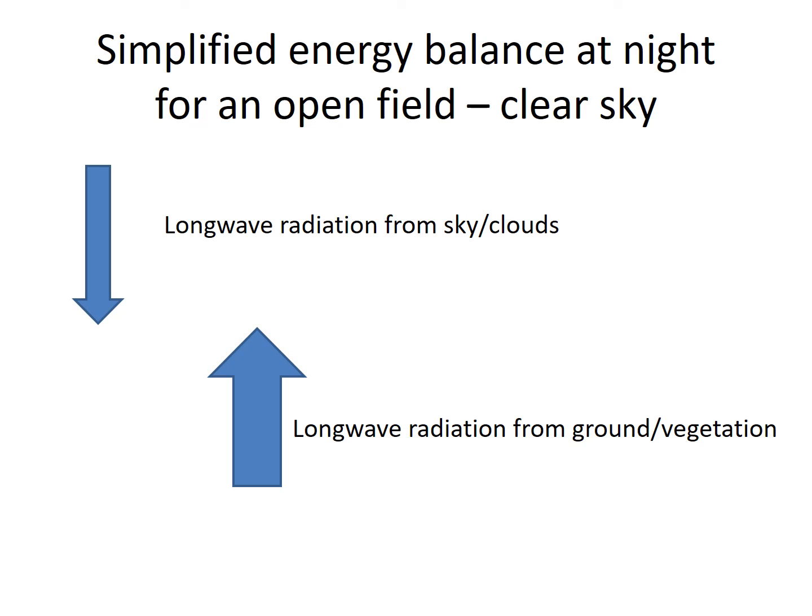If we look at a situation where it's a really clear sky, what that means is that there's not much cloud or water vapor in the sky. So there will be less long wave radiation from the sky because there are fewer water vapor molecules emitting long wave radiation.